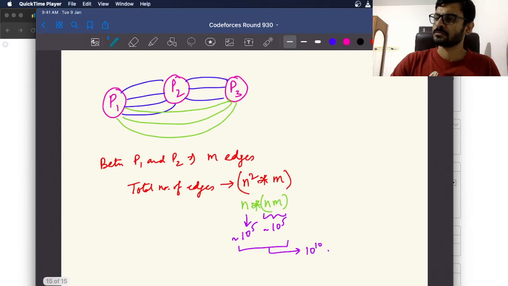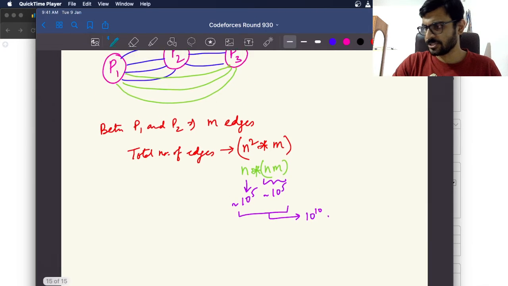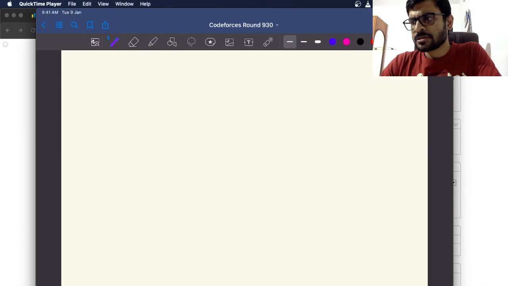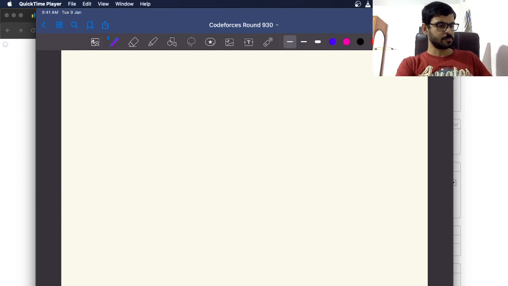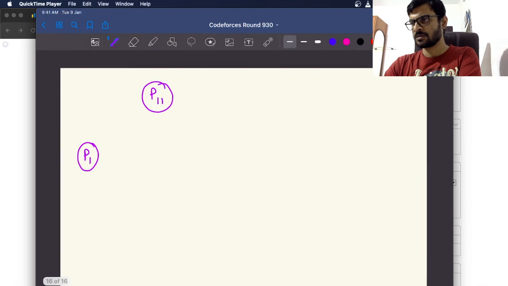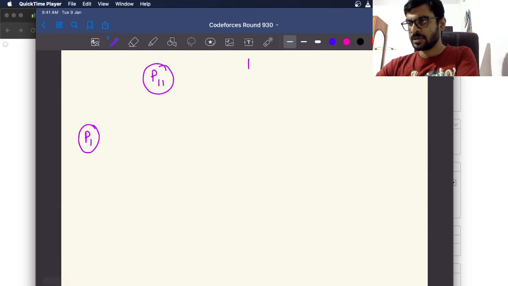So moving ahead now, total number of edges. Yeah, I'll think of a structure like this, that we have this P1. Let me see, I think I drew this somewhere that will make it easy for you. Yeah. So let's say we have this P1 and we will have P11, P21, P31.